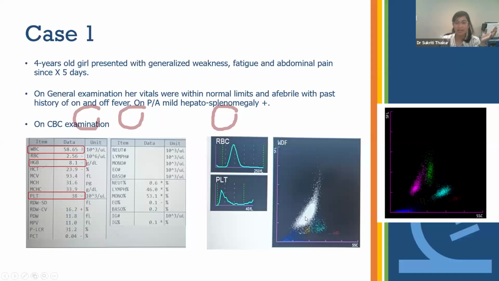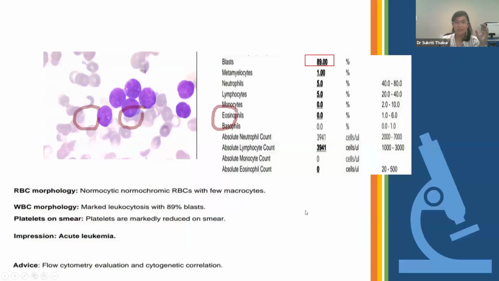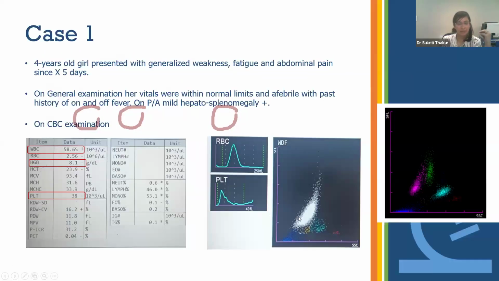But what I can see here is a huge cluster of approximately 70 to 80%, which lies approximately in the lymphocytic region and is going upwards. It means that they are medium to large size cells, right? So this is not normal.